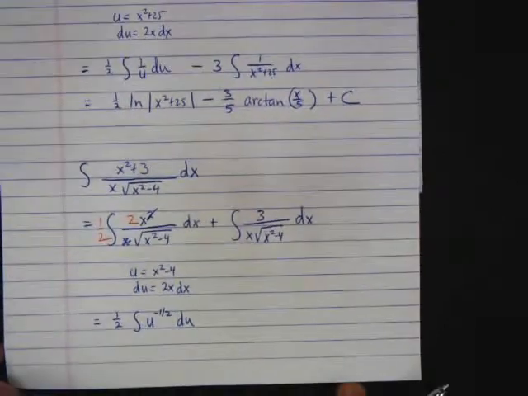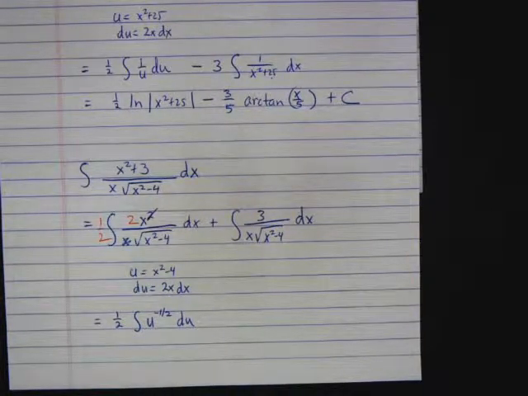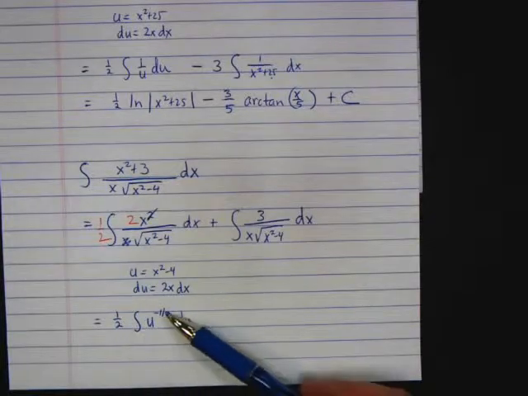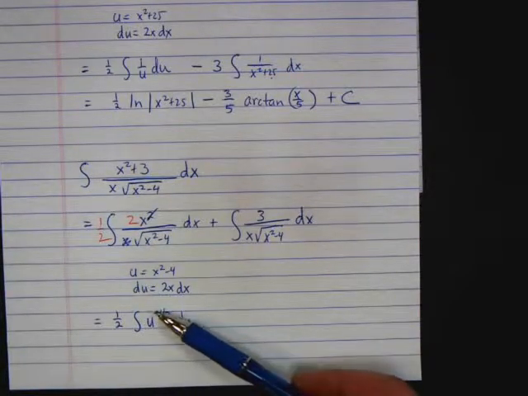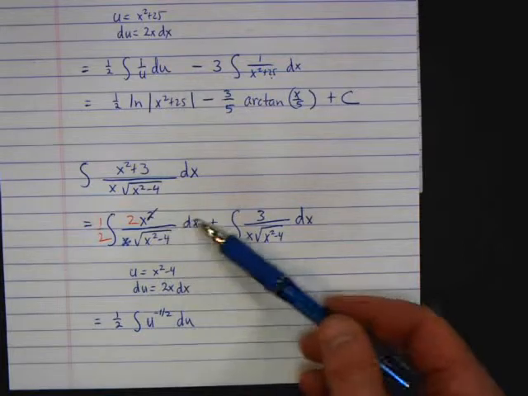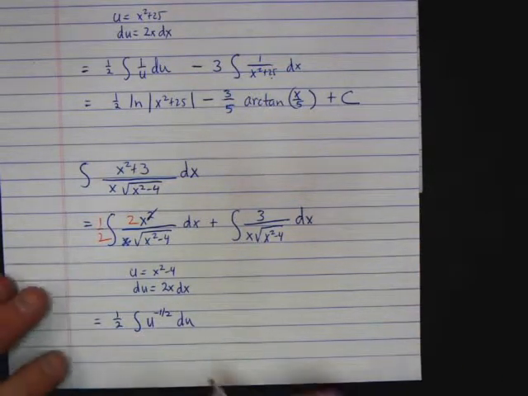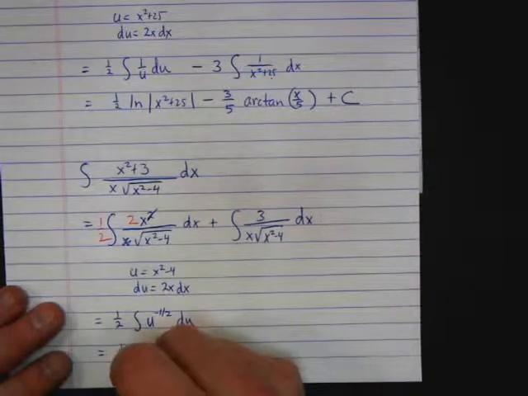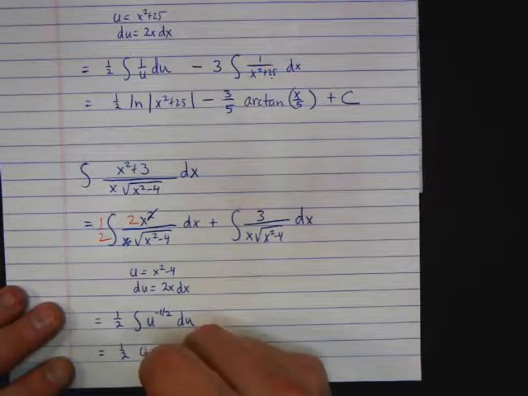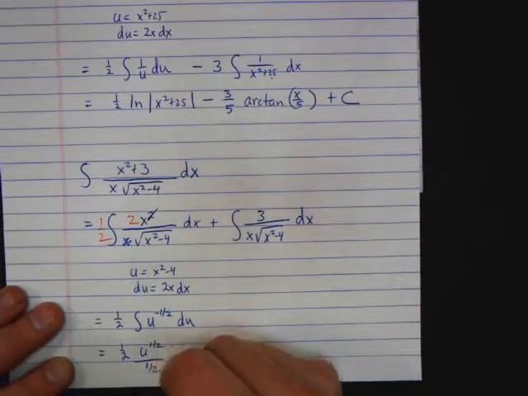Why u to the negative 1/2? Because u to the negative 1/2 is 1 over square root of u. The negative drops it to the bottom, the 1/2 is the square root. I like writing it this way, though, because then I can add 1 to my power and divide by my new power. That's going to be 1/2. u to the 1/2, divide by 1/2.